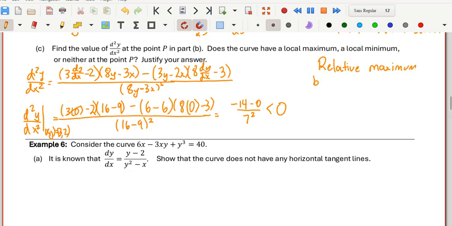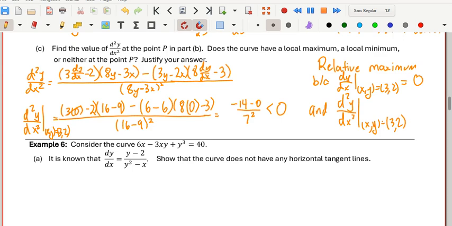And that is because dy/dx evaluated at (x, y) = (3, 2) equals 0, and a lot of the same characters over a second time, but with squares, evaluated at (3, 2), is less than 0.